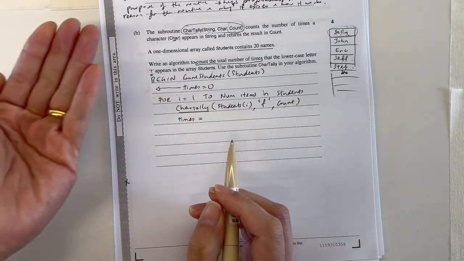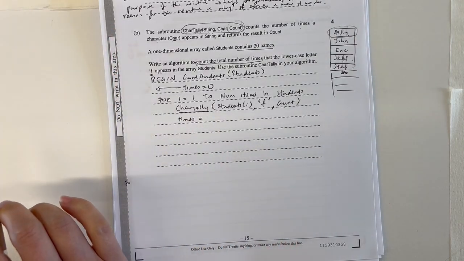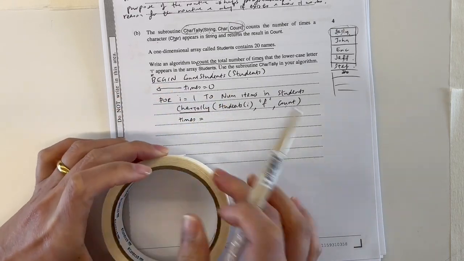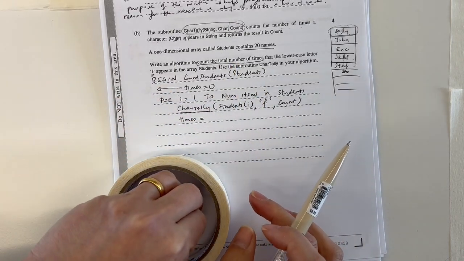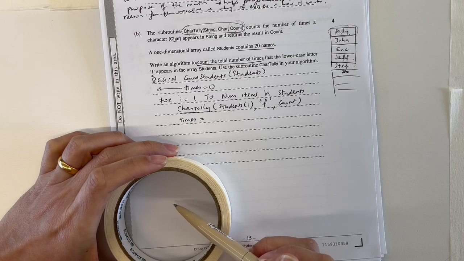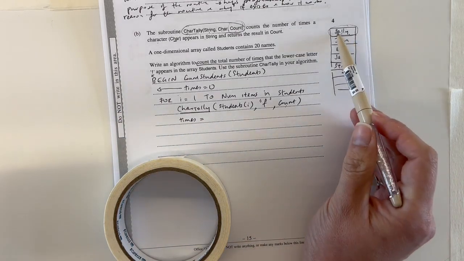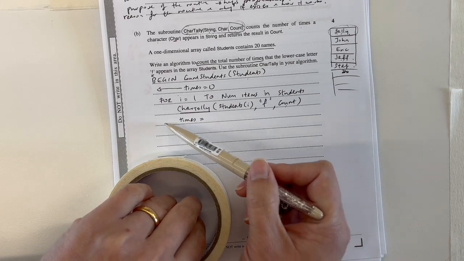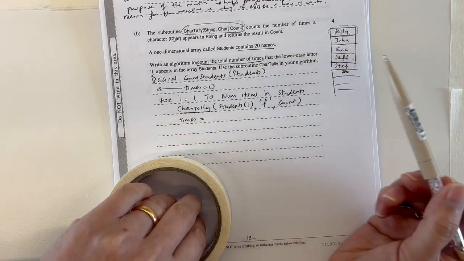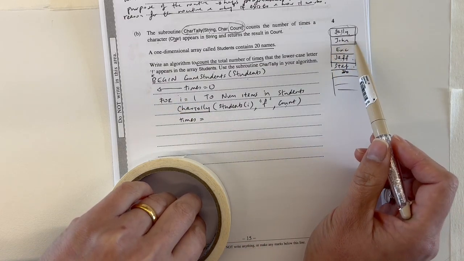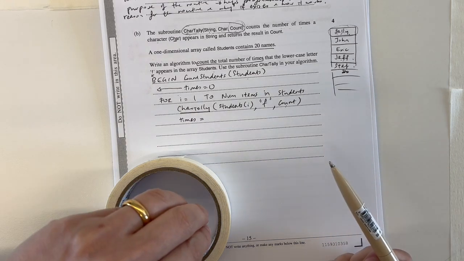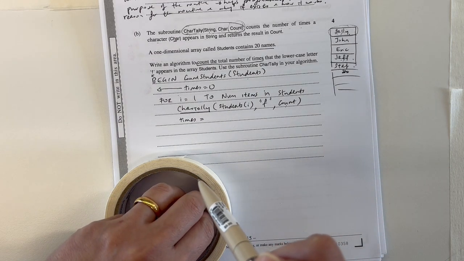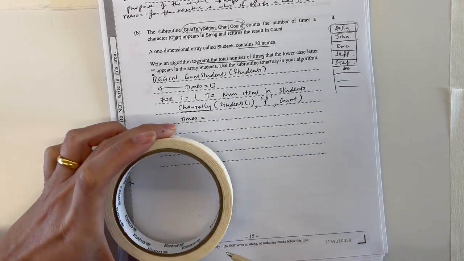Imagine we have a container. Let's say we said times equals count. It's going to put that value in. Imagine Jeff is the first one, so we say 2. Then when I run the next thing, and the next name had another F, I want to hold on to 2 and add 1 to it. I don't want to just replace this container.